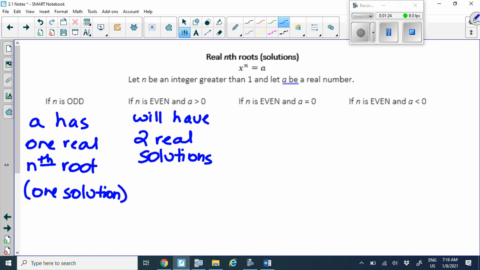Or another way of saying nth roots. Okay, so we'll have two real solutions. Now let's say if n is even and a equals 0. Of course, if you take the square root, fourth root, sixth root, eighth root of 0, you're just going to have one real solution, or just one solution.